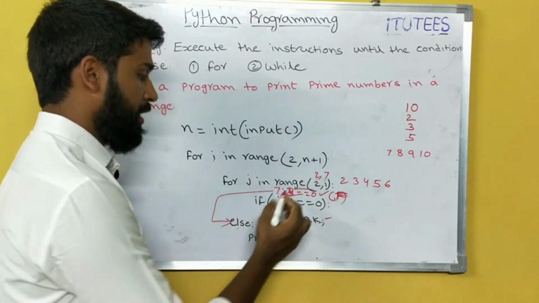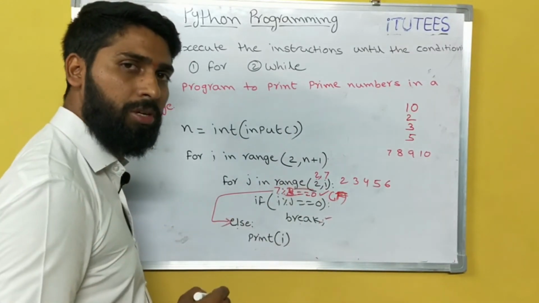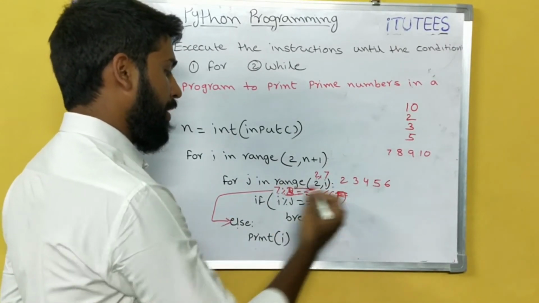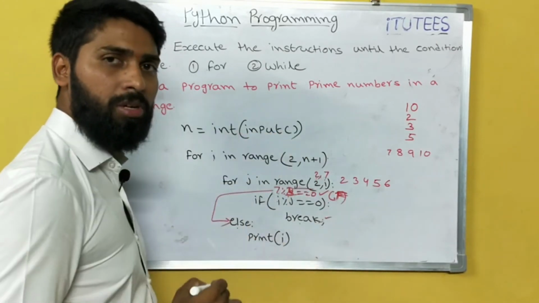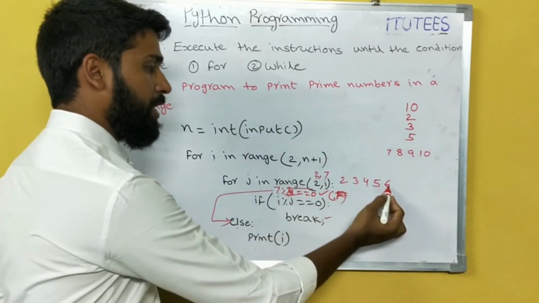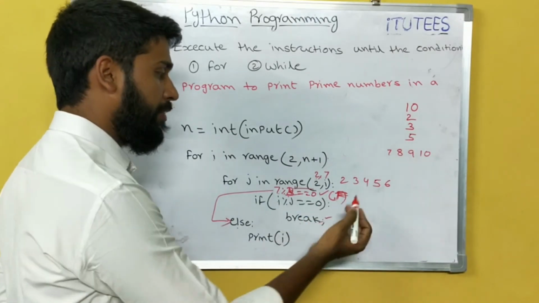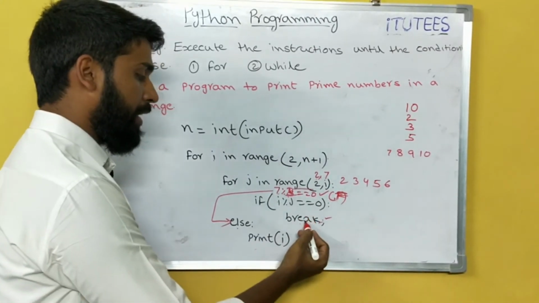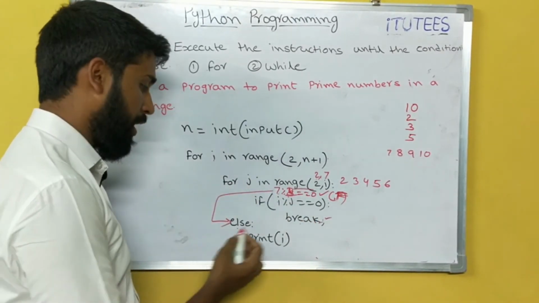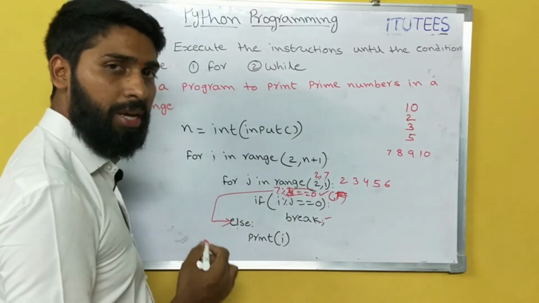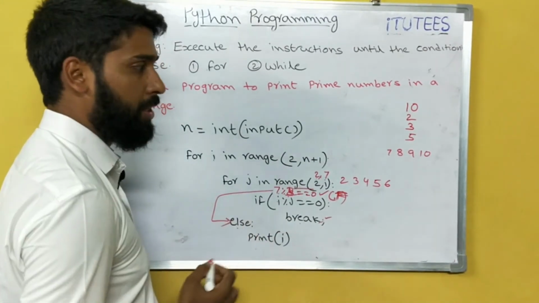False. 7 % 4 equals 0. False. 7 % 5 equals 0. False. 7 % 6 equals 0. False. We cannot enter into this if block and the break statement does not execute. So else block. Print i. That means 7.